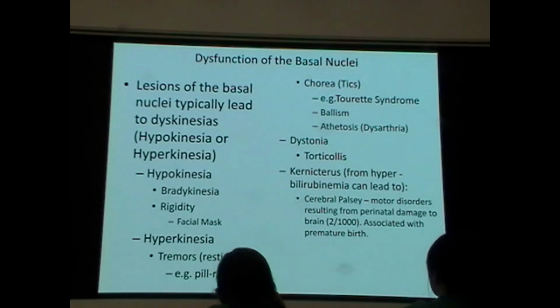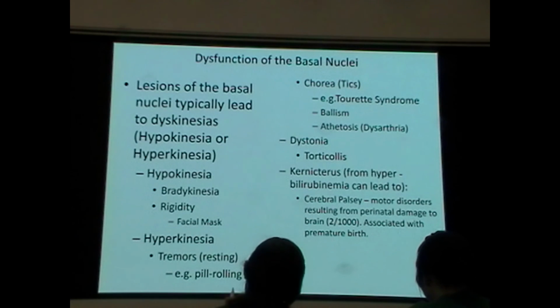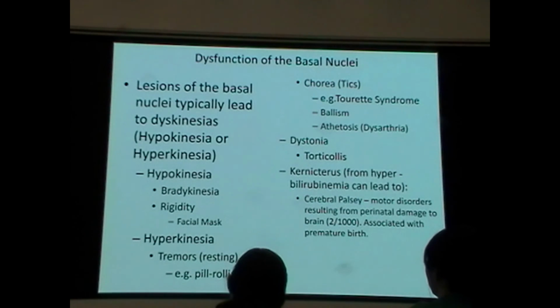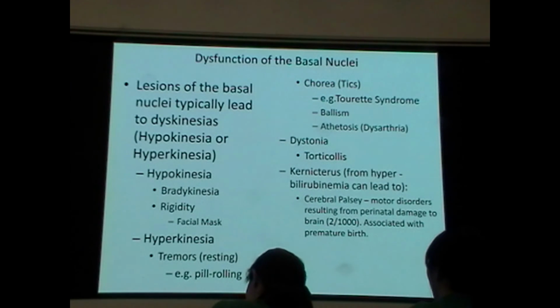Ballism, okay? We're talking about ballism. We're not talking about what you're thinking. We're talking about a ballistic movement. A ballistic movement: spontaneous flinging of an arm, leg, or both arms, a gross movement of a large muscle group.